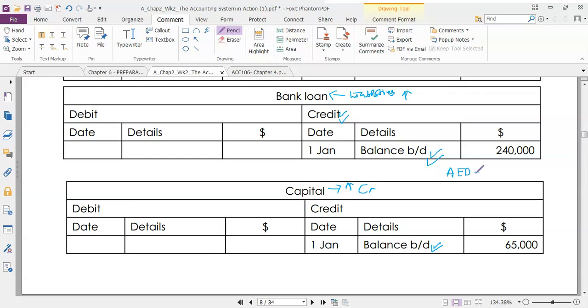AED is equal to CLR. So capital increase credit, liability increase credit. So if we have that amount from the previous years, it means that the capital is increased. We brought the balance from the previous year. So that's why our amount for capital is increased. So that's why balance BD when increased, we put in the credit side, 64,000. Okay? What else?